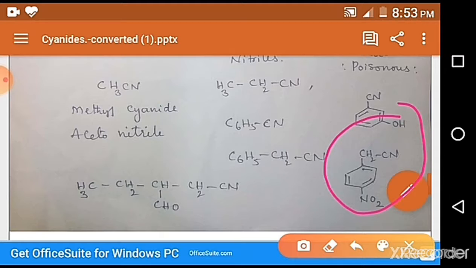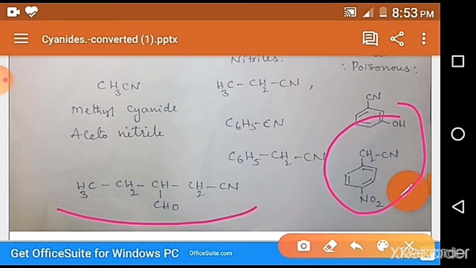Or, acetonitrile is there, but in the second position we have 4-nitrophenyl. So 4-nitrophenyl acetonitrile. This is the name of this compound.